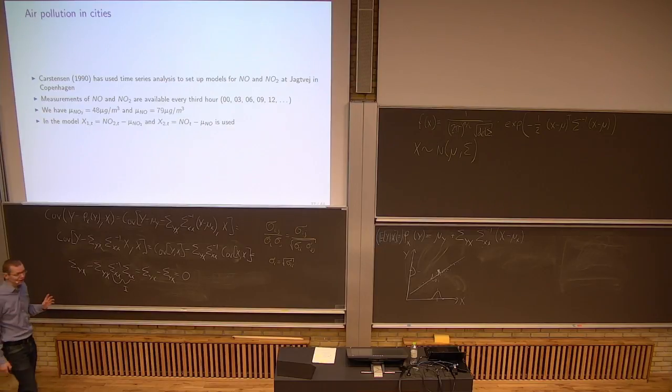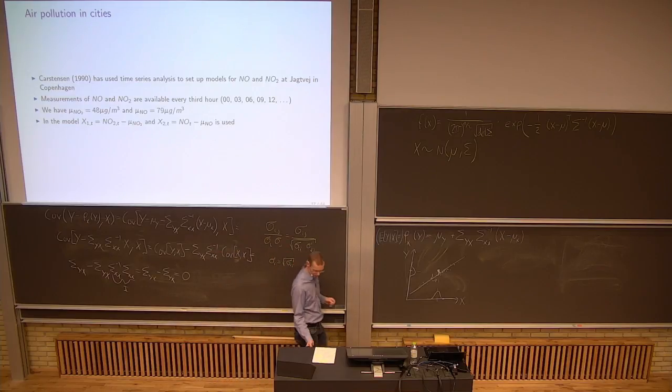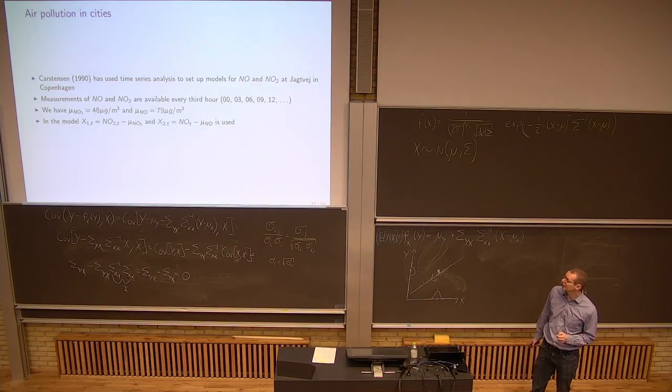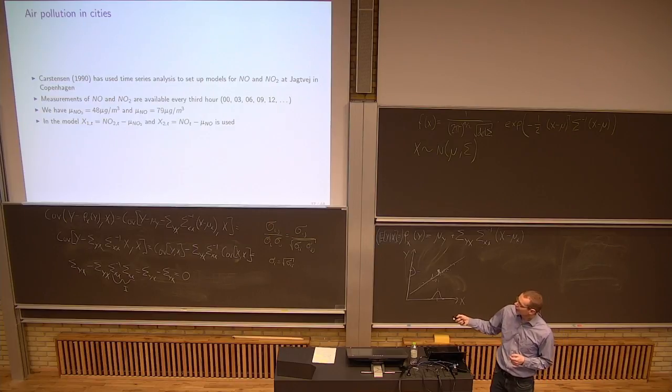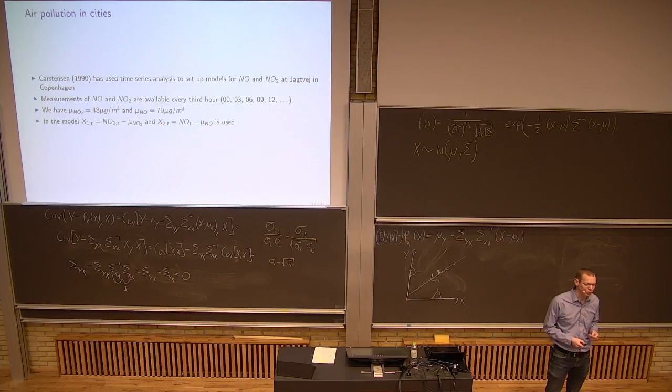So at the end here, an example of air pollution, measurements from Copenhagen, Jagtvej. I don't know how many of you have been there. It's not that much place for bikes, been there many times. So here's the old data where they only measured every third hour, now they measure every hour. They have some mean values for the NO2 and NO, and the sum of that is what's called NOx.